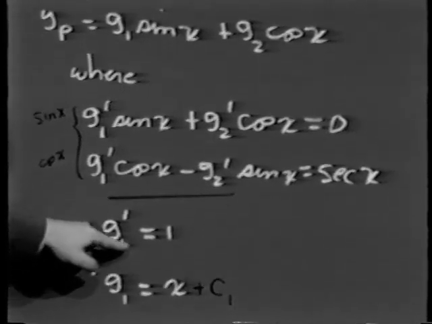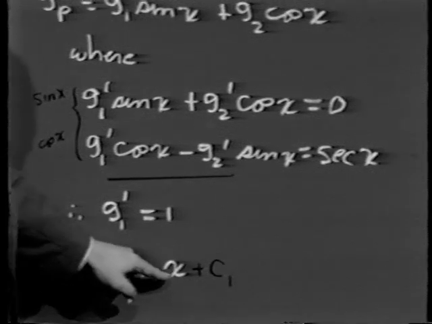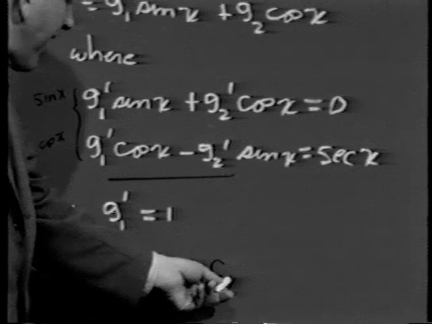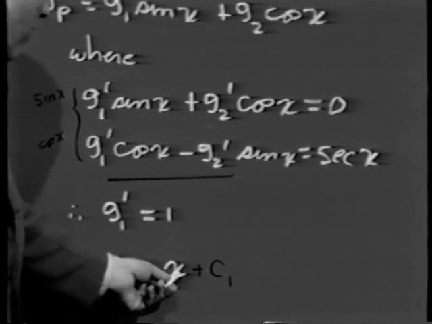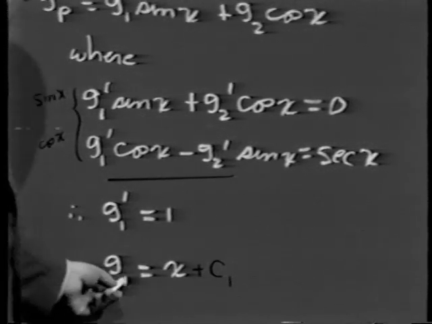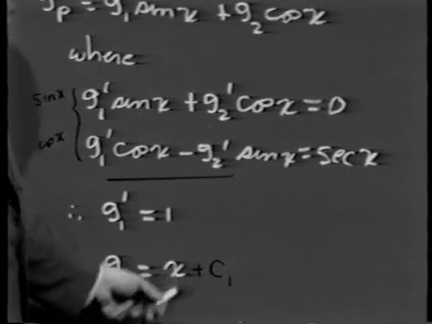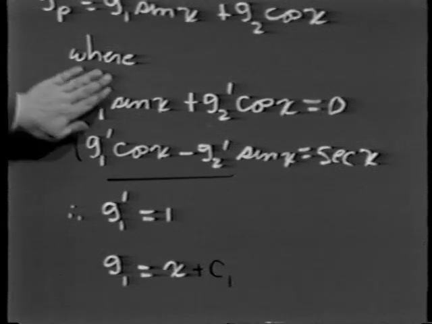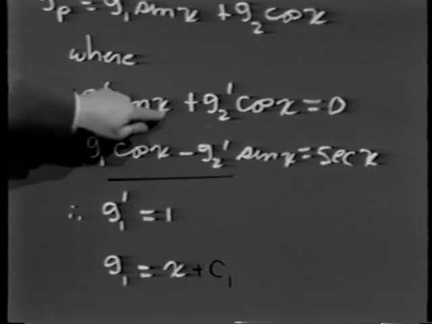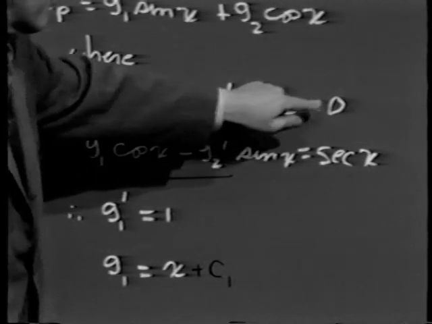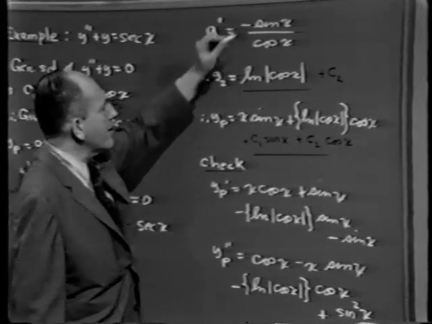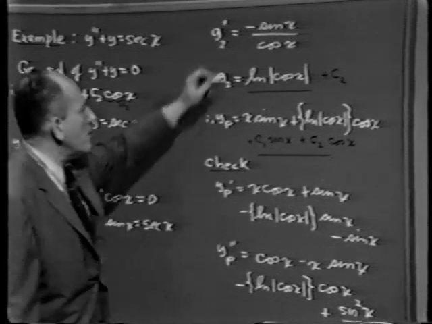If the derivative of g1 is identically 1, g1 itself must have been x plus some constant, and I put the constant in with accentuated chalk markings because all I need is a particular solution. g1 could be x, all right? Now, knowing that g1 prime is 1, coming back to this equation, that tells me that sine x plus g2 prime cosine x is 0, from which I conclude that g2 prime is minus sine x over cosine x.